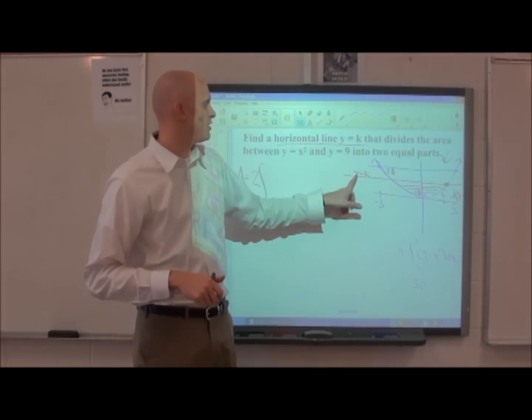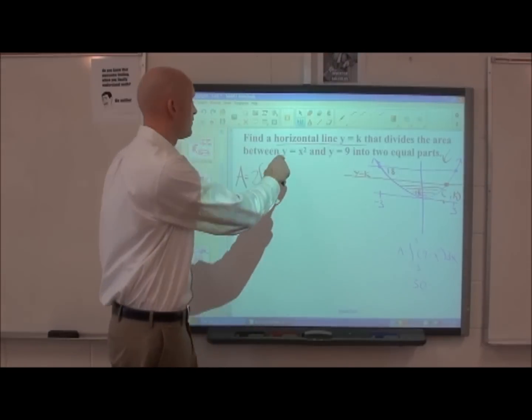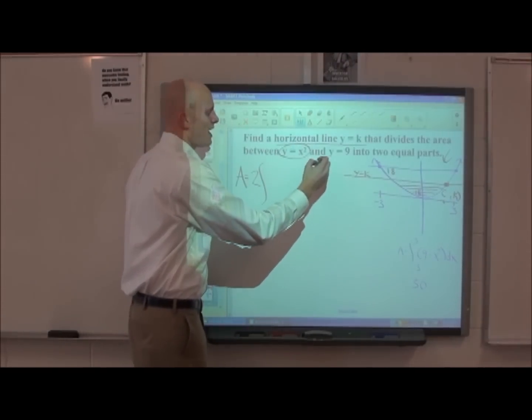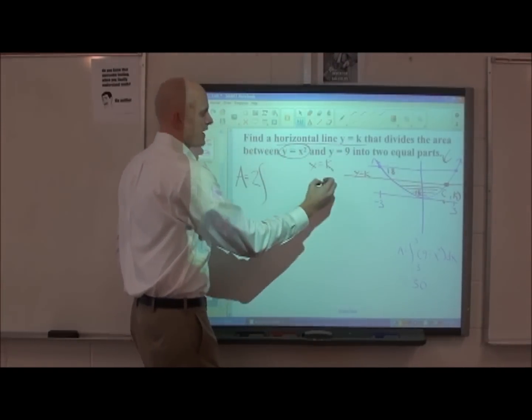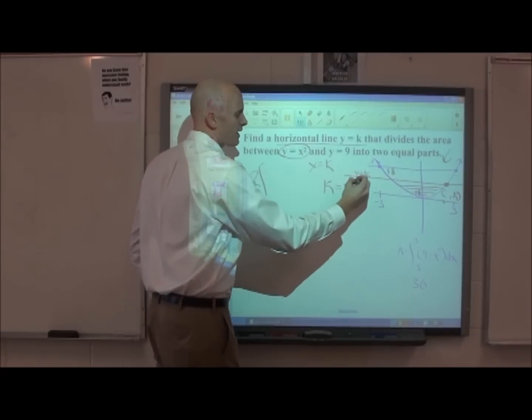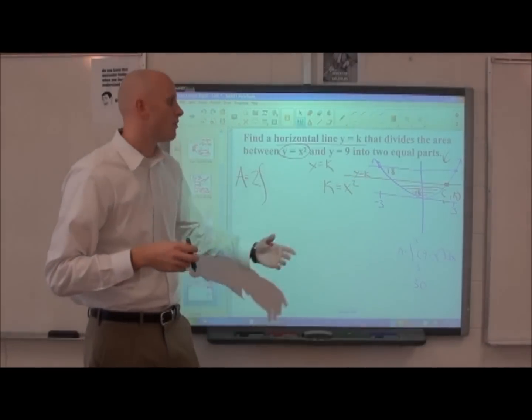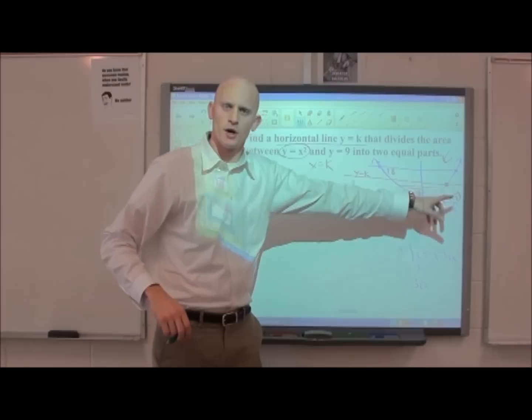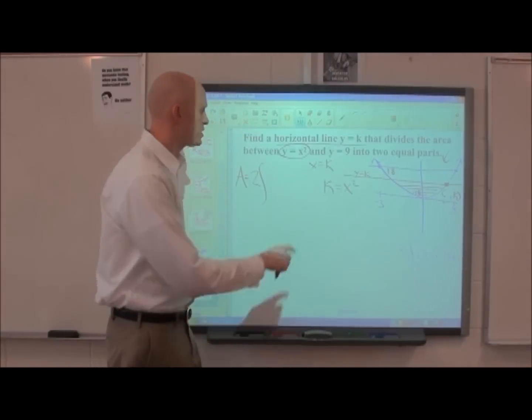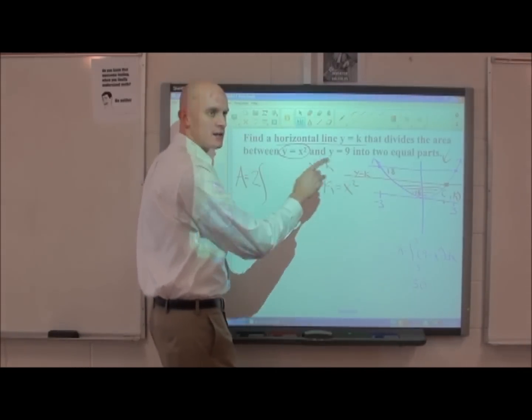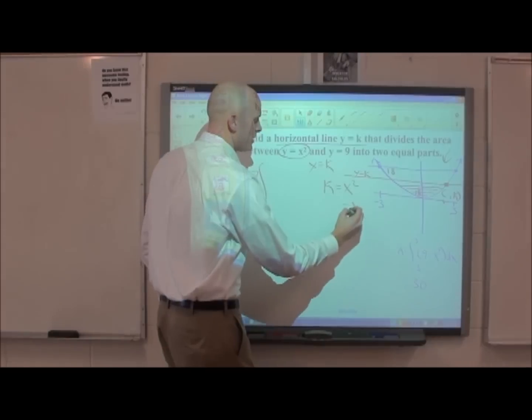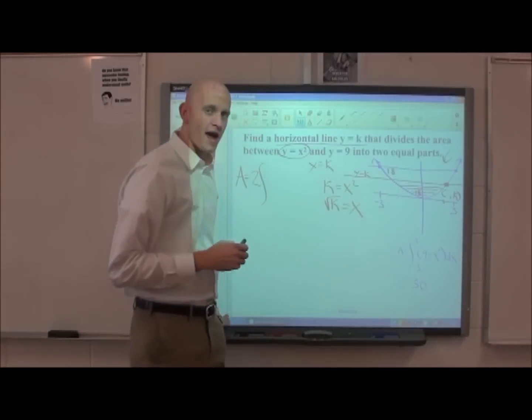If my y value is k on this curve, using our equation, our y is k. So that means k is equal to x squared. Now, to find our x coordinate that we're going to have as an upper limit of integration, if k is equal to x squared, then x must be the square root of k.